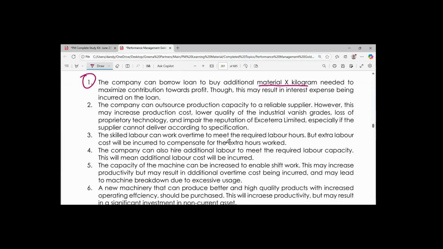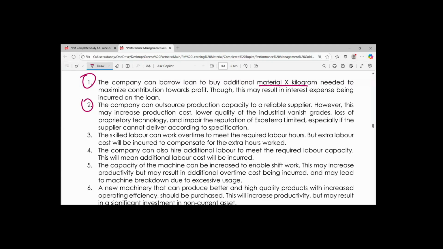Then number two, the response I provided there: the company can outsource production capacity to a reliable supplier. Instead of the company manufacturing grade A and B internally, they can outsource it to a reliable supplier.